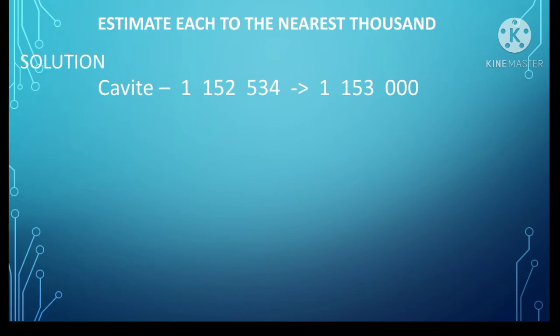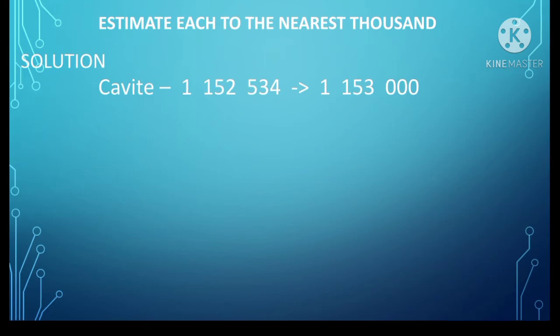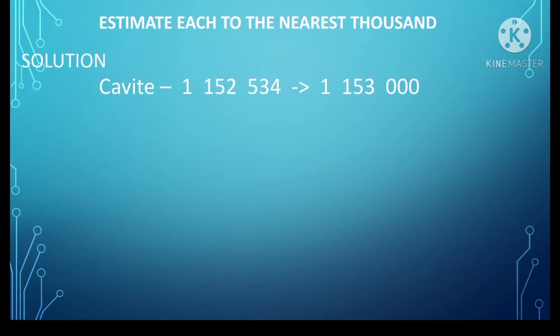From 1,152,534, if we round this data to the nearest thousand, it will be 1,153,000. Since in the original data 1,152,534, the nearest thousand is the 2, the number right beside the 2 is 5, so it means we are going to round up the 2. So from 2 it will be 3.